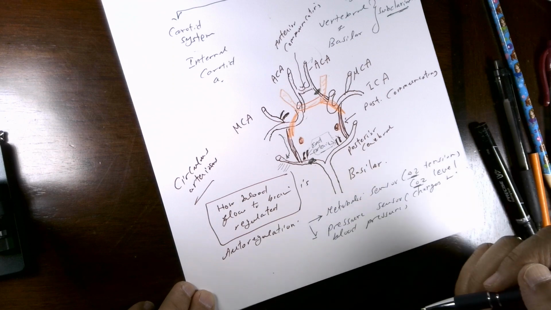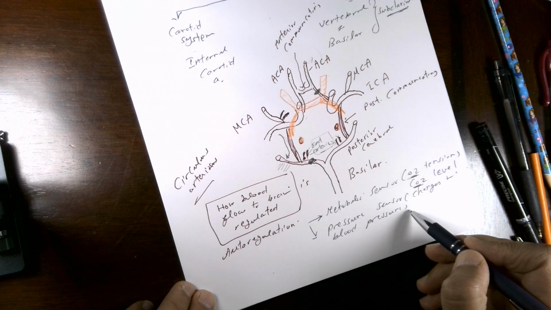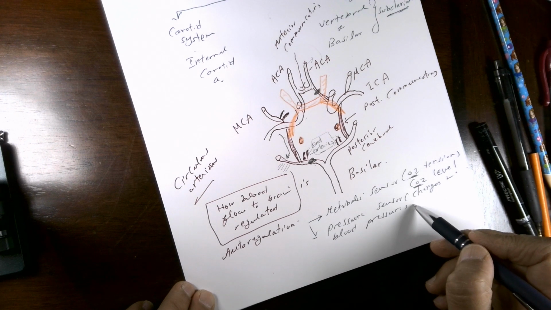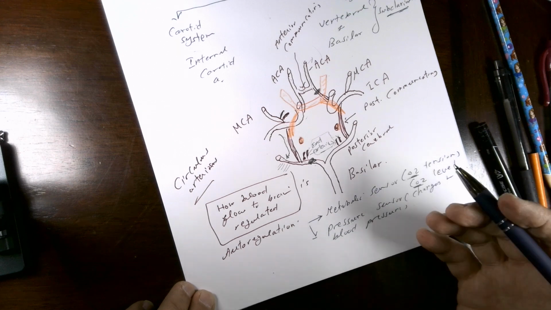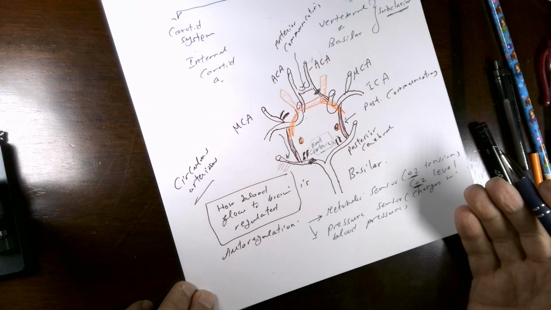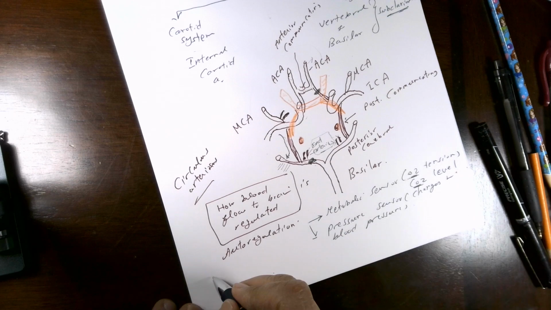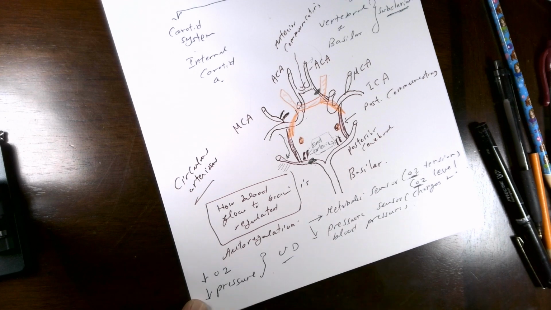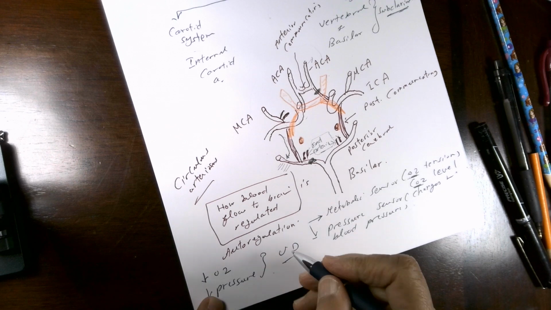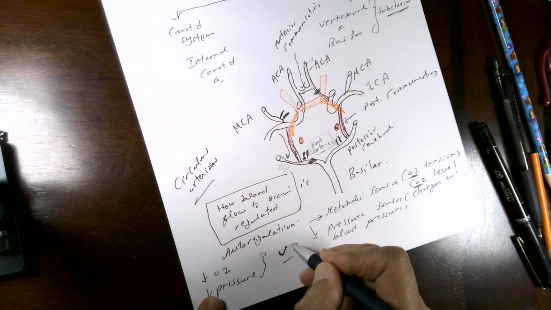The same, if there is a decrease in the blood pressure or hypotension, there is reflex vasodilation to allow more blood coming to the brain. So it means that less oxygen, less pressure, lead to vasodilation.